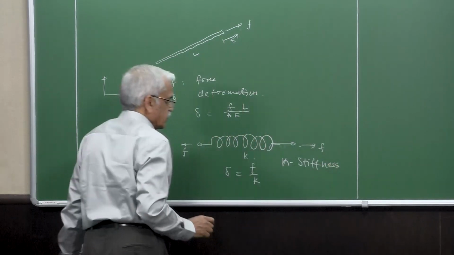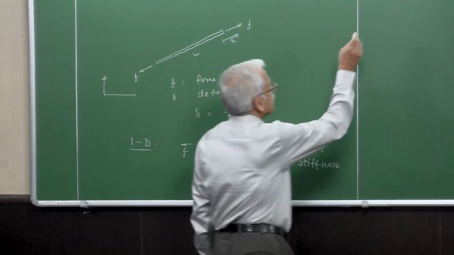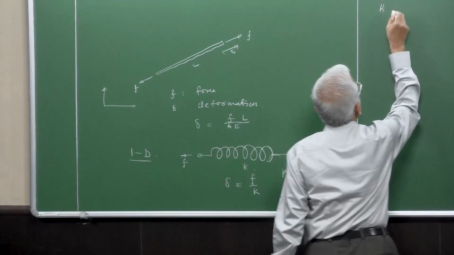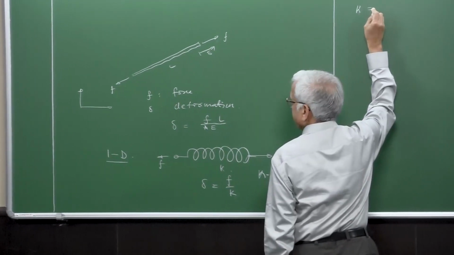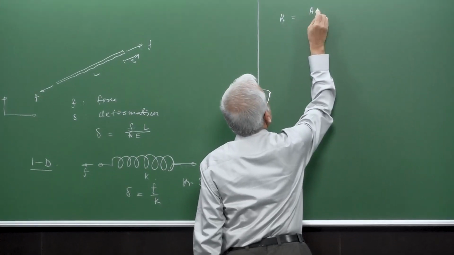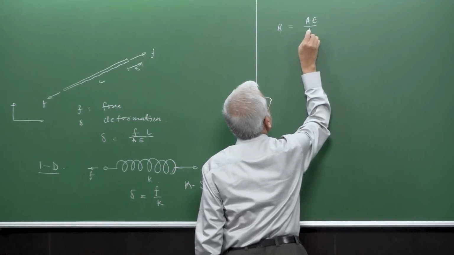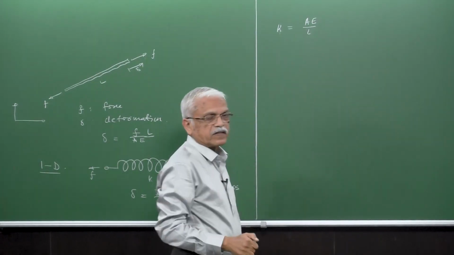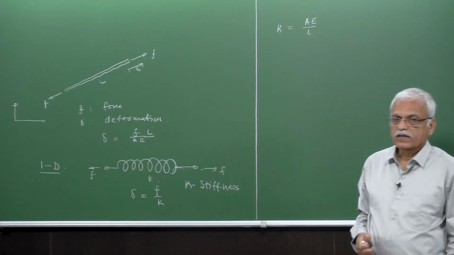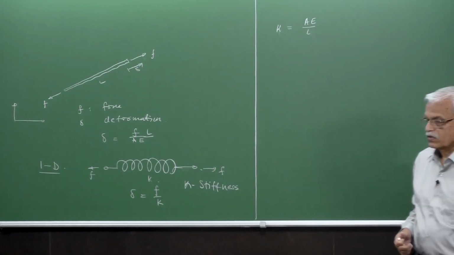If you compare these two, the relationship between the spring and the rod is that K is nothing but AE by L. So either we can use AE by L or we can use K. Now I think you understand the relationship between these two.